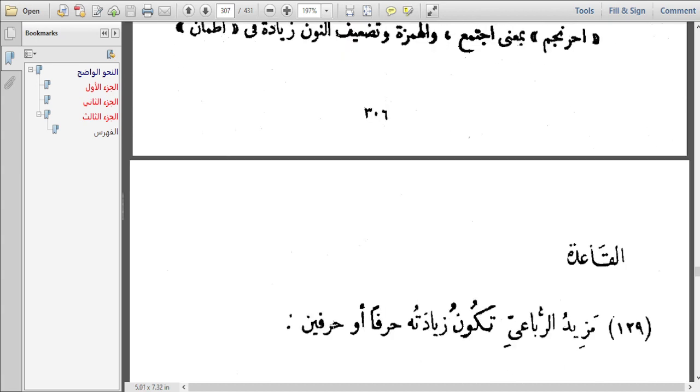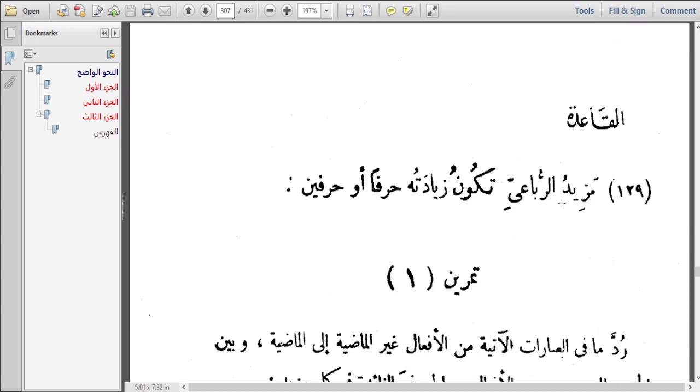Okay. Al-Qaida, he says, مزيد الرباعي تكون زيادته حرفا أو حرفين. That is what I was talking about. When we say a fi'l is مجرد رباعي, we mean that it has 4 letters, and all the 4 letters are original. They are the root letters. We can't take any out. But when we say مزيد الرباعي, it means that the verb is originally 4 letters, and we've added 1 letter or 2.